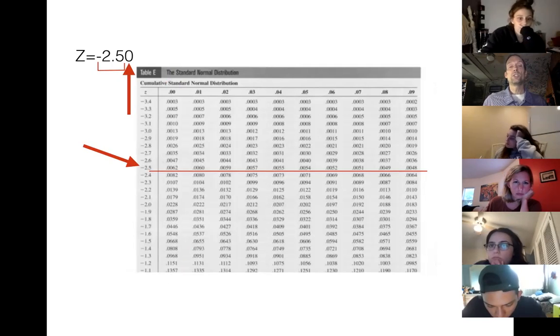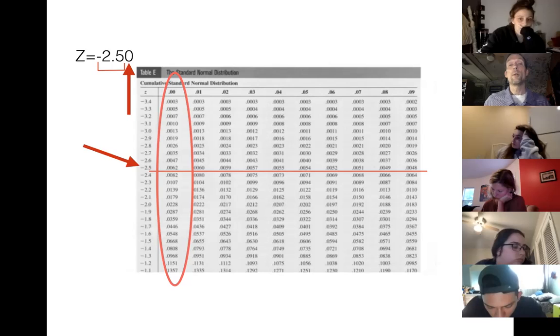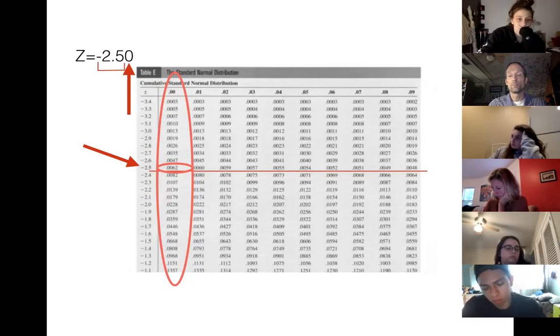Because our hundredths digit is 0, we want to use the column for 00. If our hundredths digit was 3, like we had a Z-score -2.53, we would be using the column standing for 0.03. Now to get our probability, we're going to intercept our row with the column here. And when we do that, our row and column intercept is going to be 0.0062. That's going to be our final answer to the whole entire question.